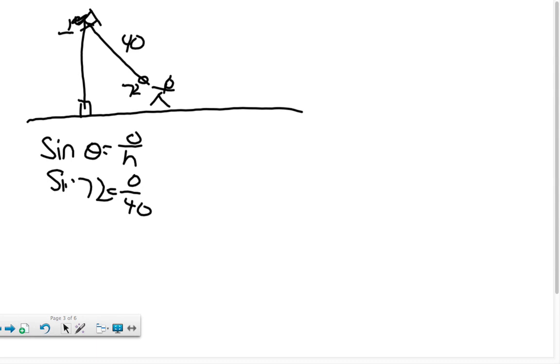How do you isolate O? You can always move the denominator. Well, let me ask you this: if this was 10 is equal to O over 40, how do I isolate O? Multiply each side by 40. Yes. But then, how do you multiply when you do sums?